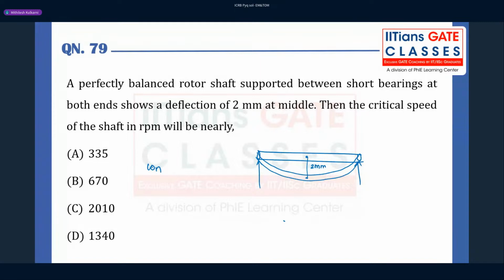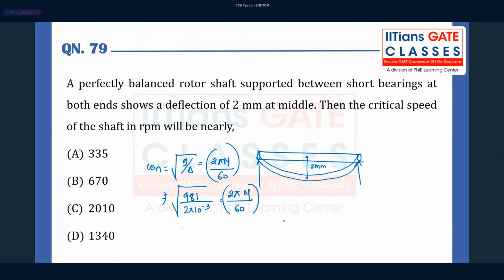Hence omega n in this case is under root g by delta, and this has to be equal to 2 pi n divided by 60. So from this we can calculate the value of n. G by delta, G is 9.81, delta is given as 2 mm, so it is 2 into 10 raised to the power minus 3, is equal to 2 pi n divided by 60.